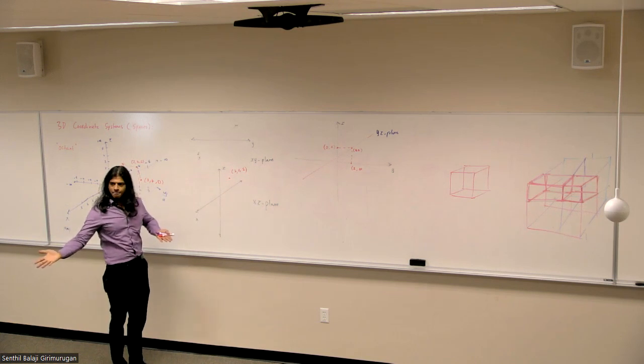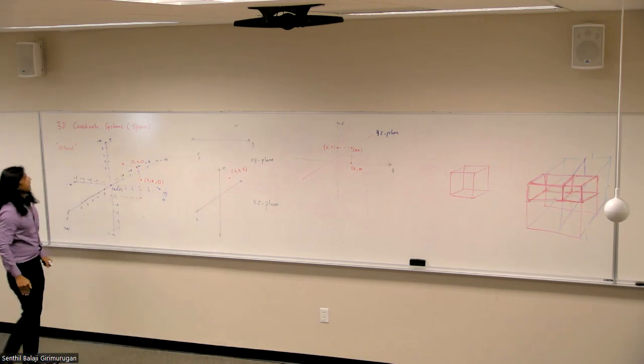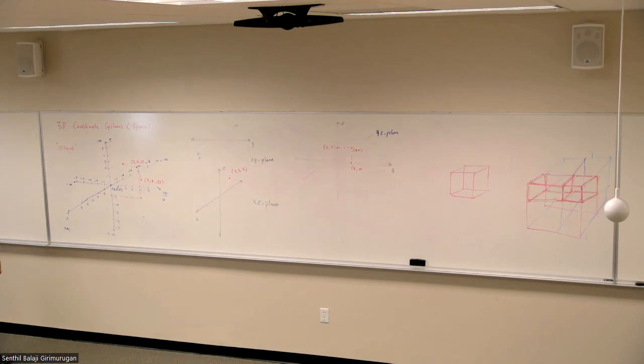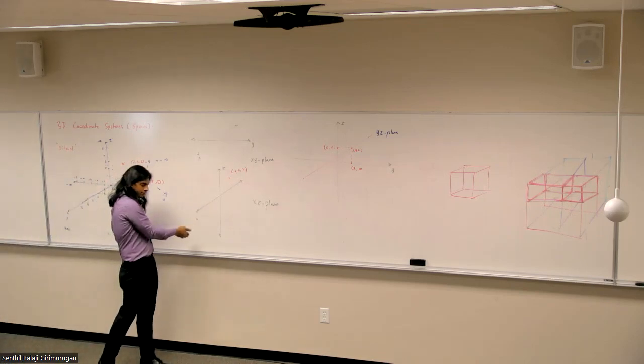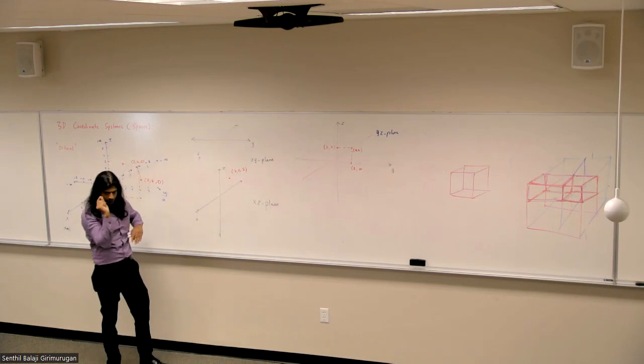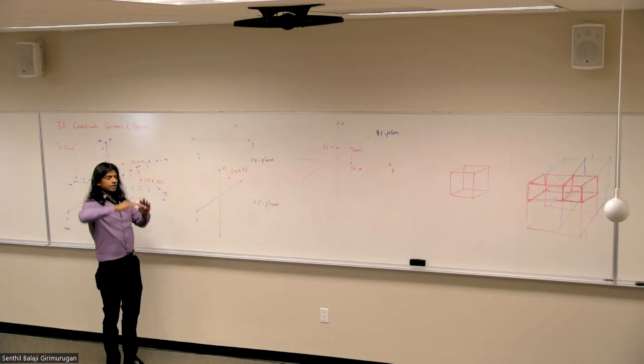Do you agree? What do I mean by that? Instead of dropping straight down onto 0, you can land on another plane. In the 1-dimensional case, if you drop down, you went to a single point.